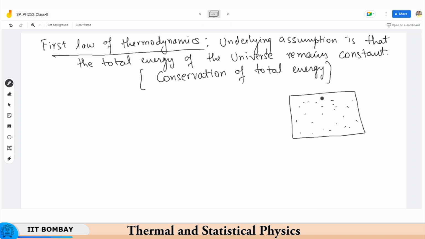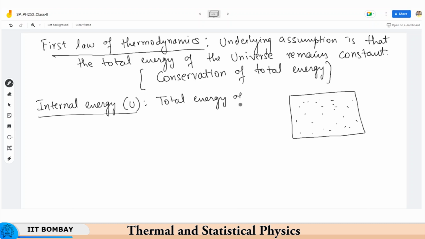So therefore there is total energy of the system, which we define as internal energy, which is denoted by U, and basically this is the total energy of the molecules, which is the sum of kinetic energy and potential energy and so on.